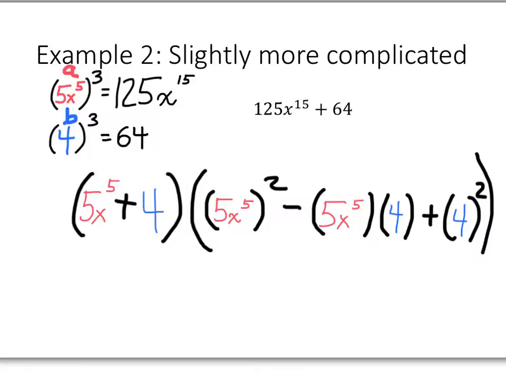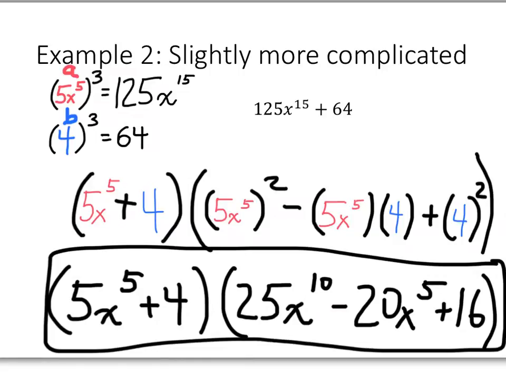It's really important to notice the parentheses squared around the 5x to the 5th, because we need to make sure we remember to square the entire expression that is a in the formula.